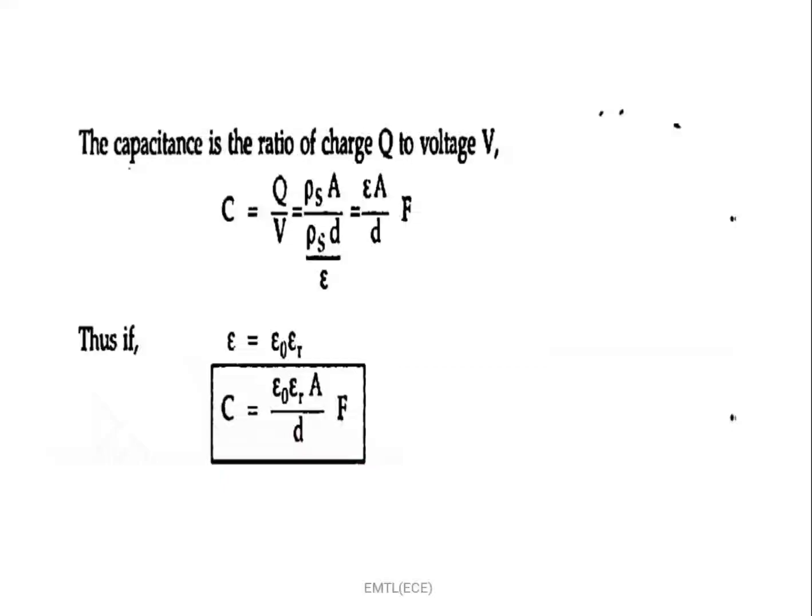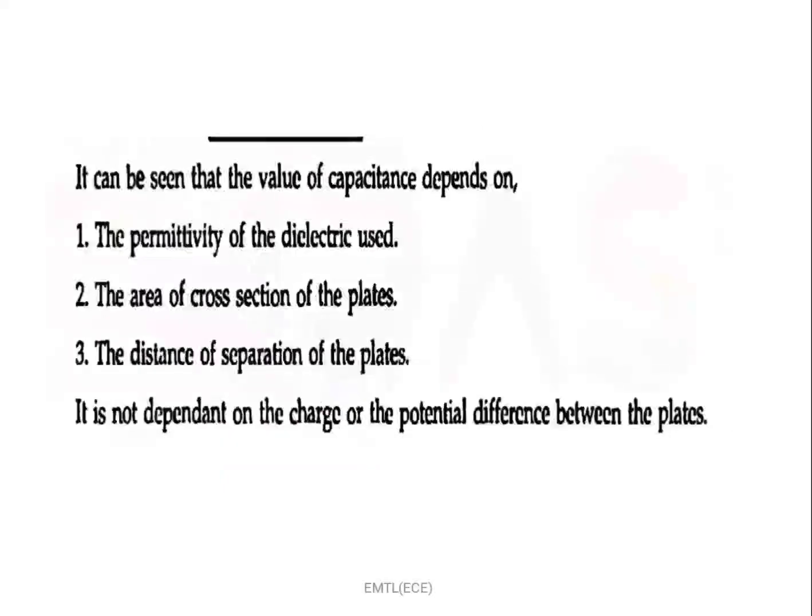From the expression for the capacitance of a parallel plate capacitor, the conclusion is that the capacitance depends upon the permittivity of the dielectric used, that is the epsilon value, the area of cross section of the plates, and the separation between the plates, that is small d.